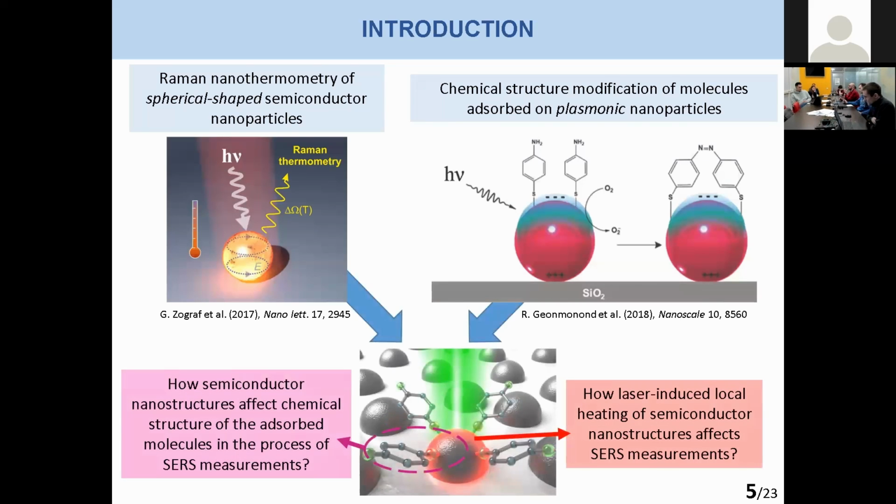So, from the point of view of sensor implementation that is capable of carrying out measurements that are non-destructive, non-invasive, and time stable, it is important to investigate the chemical interaction of adsorbed molecules with semiconductor nanostructures during SERS measurement and the effect of local heating of nanoparticles on the SERS measurement result.